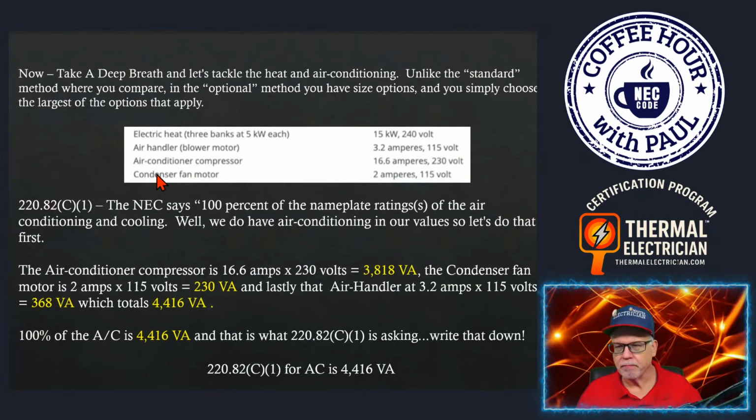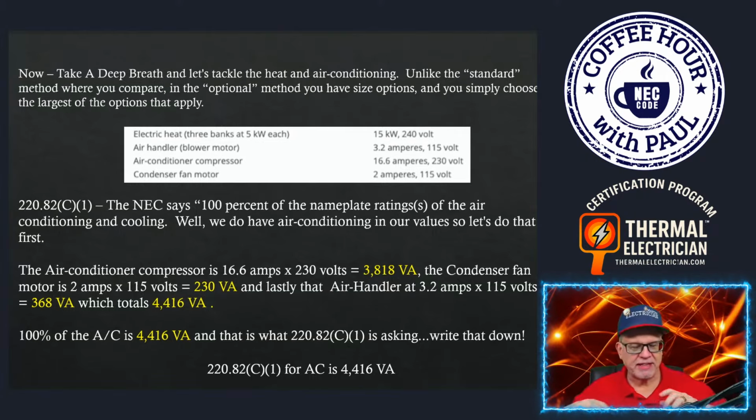Okay. Now remember what it says. 220.82(C)(1) says take 100% of the nameplate ratings of the air conditioning and cooling. That's the first one, so that is C1. It says, well, do we have air conditioning in our values? So yes, we do. So let's do the math. Again, 100%.